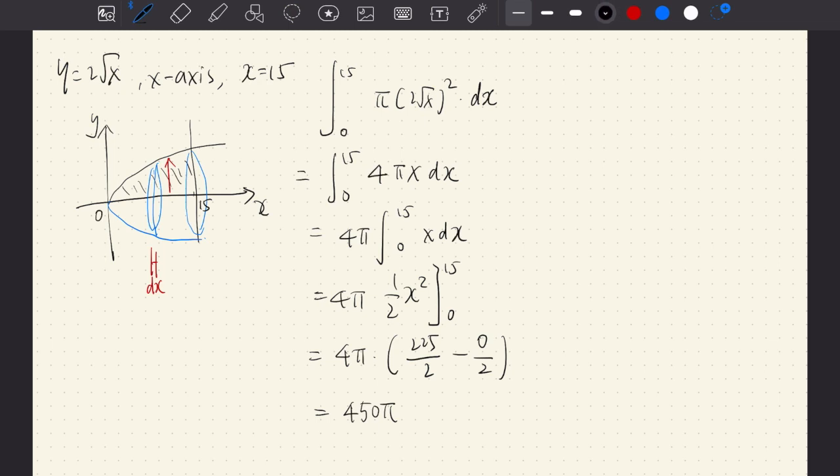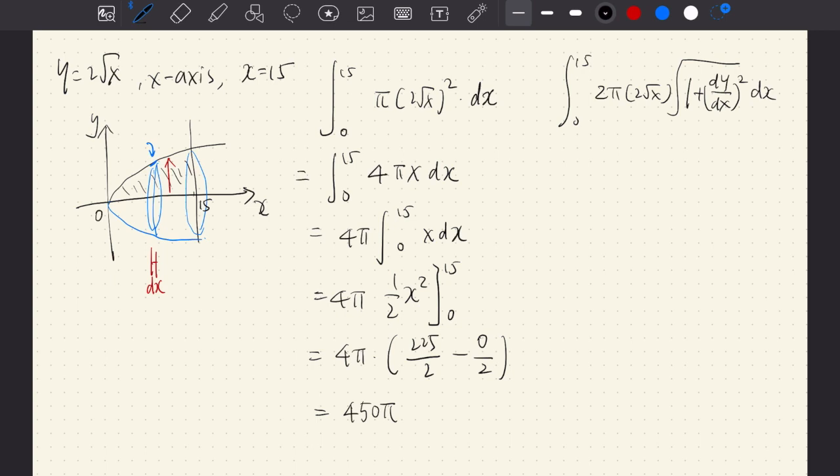For the volume we slice it and add up the volumes, and for the surface area we slice it and add up the surface areas. So the surface area can be written as 2 pi r times the length of this very small segment. We know that this very small segment can be written as the square root of 1 plus (dy/dx) squared, dx, where y is 2 square root of x.